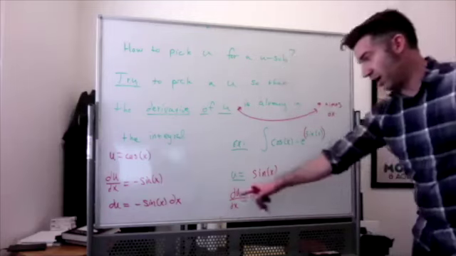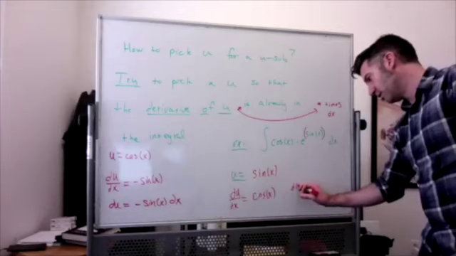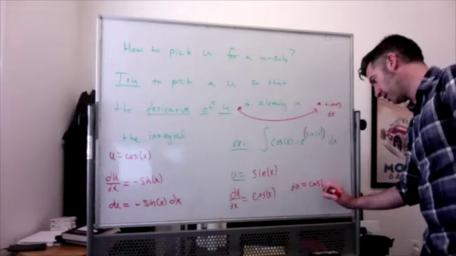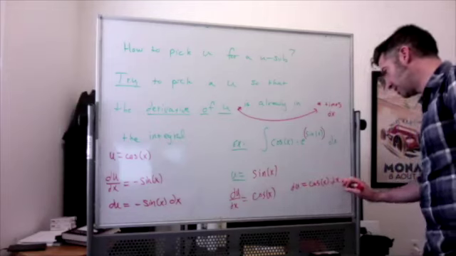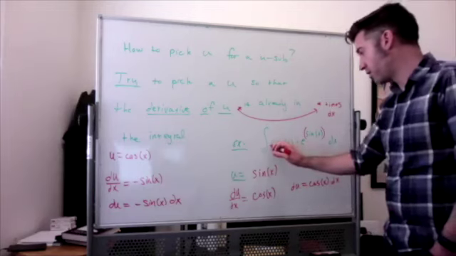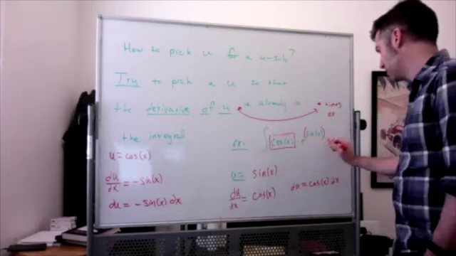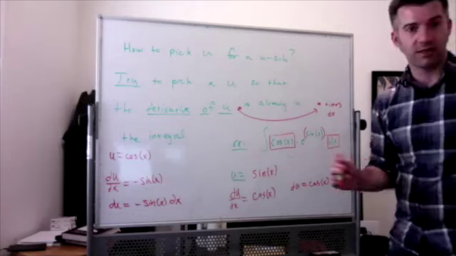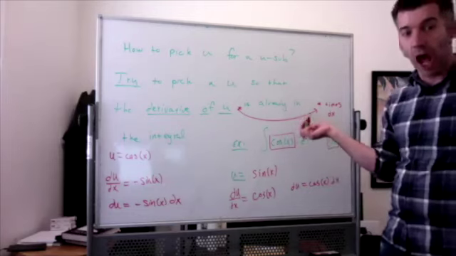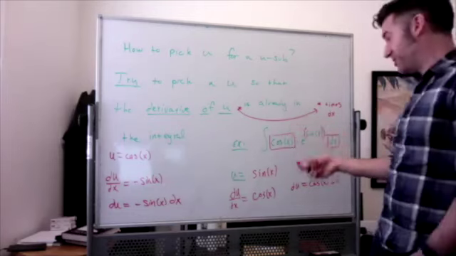Then we can isolate du and say du is equal to cosine of x times dx. And look, we have cosine of x times dx, because cosine isn't stuck up inside the exponent.